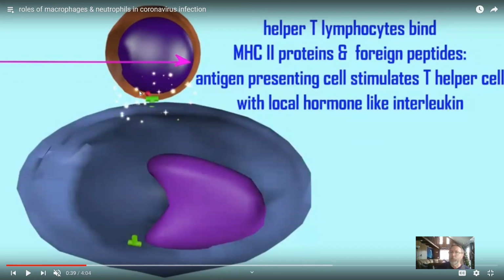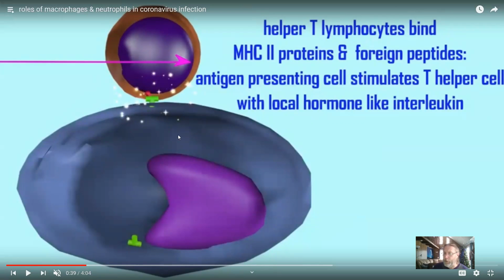This is a T helper lymphocyte, or a helper T lymphocyte. It is being stimulated by the green MHC proteins, the MHC2s. And it now knows, hey, our immune cells in the lungs are finding this foreign peptide. So the T helper cells are going to go and stimulate other cells like cytotoxic T cells, or like the B lymphocytes, which make antibodies.